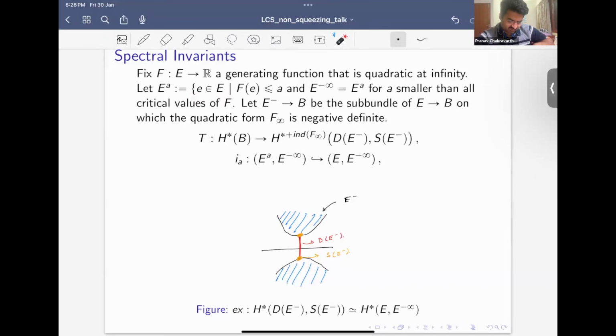Because F is quadratic at infinity, we can define a sub-bundle E minus over the base space B, for which the quadratic form is negative definite.